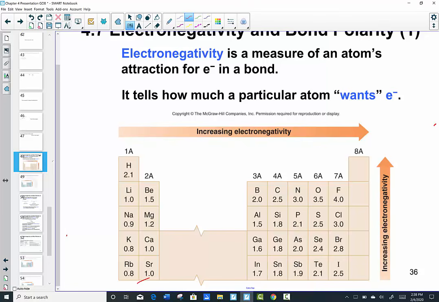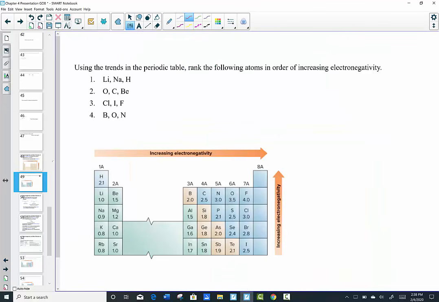Electronegativity increases across a row and increases going up a column as atoms get smaller, with fluorine being the most electronegative element. Just use those trends, really without even understanding the numbers. You don't have to memorize those, but just use the trends.